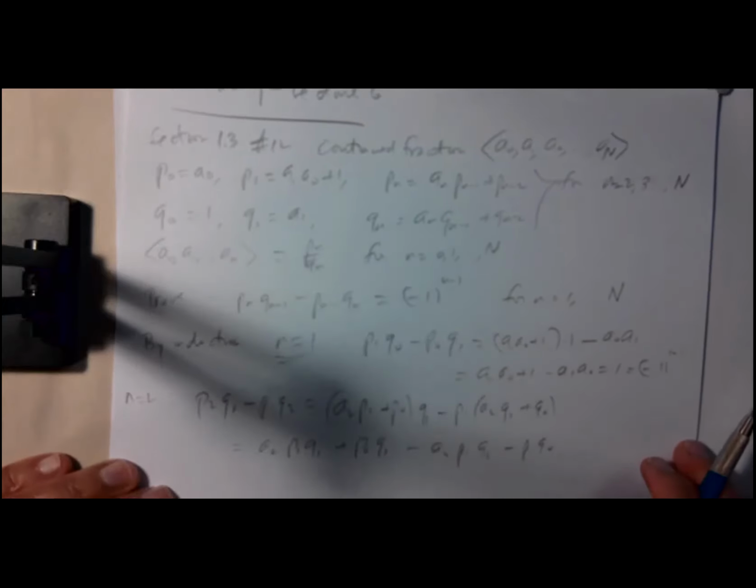Let's see. Suppose we expand it a little bit and see what happens. This is A2 P1 Q1 plus P0 Q1 minus A2 P1 Q1 minus P1 Q0, right?